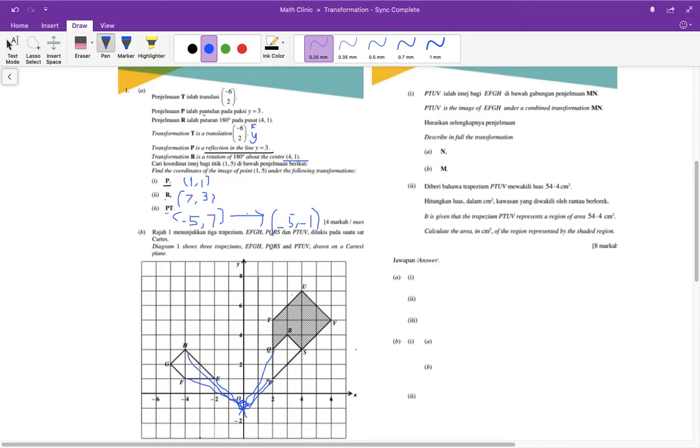Okay, you connect, like you see this one, PTUV is the image of this one. PTUV over here. So if it doesn't undergo an enlargement, it's over here. So you see this one, F equals Q, E equals V. So you just connect it, and then you make sure it is a right angle, meaning 90 degrees.